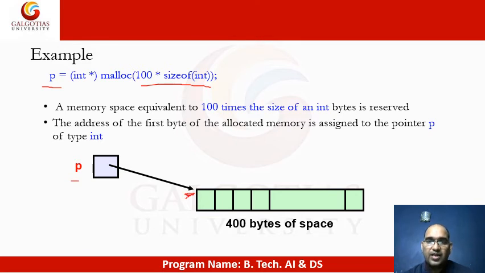Later on, if you write p plus 1, that is this address. If you write p plus 2, that is this address. If you write p plus 3, then that is this address, and so on. That is the use of arithmetic operations on pointers, because if I say increment by 1, it does not increment the value by 1, it increments by the size of the data type which is stored in that particular pointer.